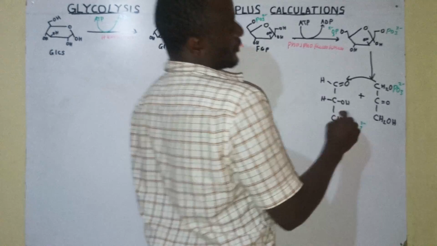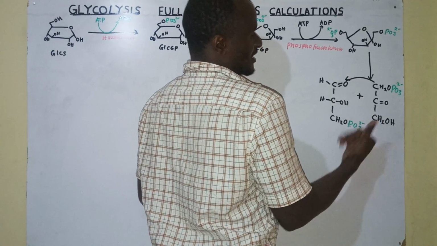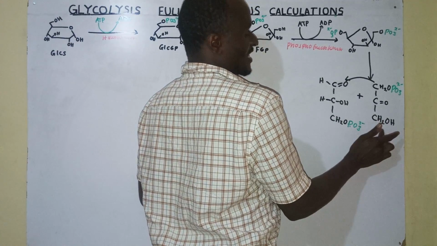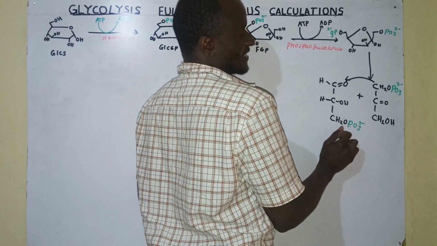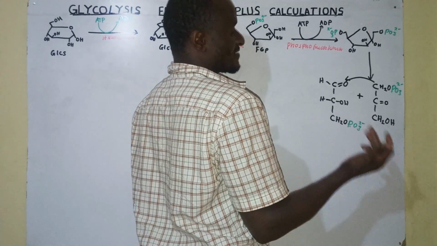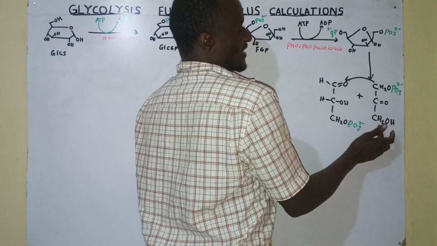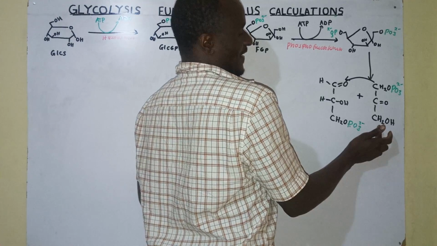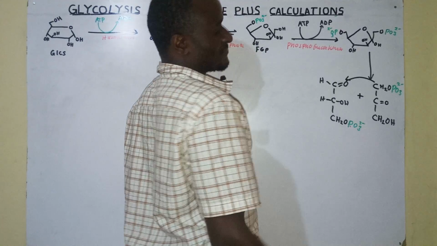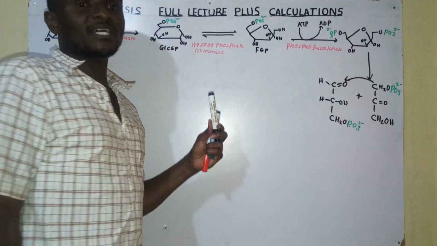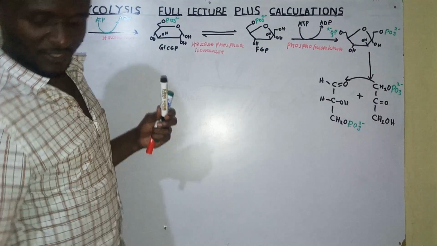So what do you think is the name of the enzyme that interconverts dihydroxyacetone phosphate into glyceraldehyde 3-phosphate? Well, the answer is very simple. When you look at glyceraldehyde 3-phosphate and dihydroxyacetone phosphate, you realize that the 2 molecules are isomers to each other.